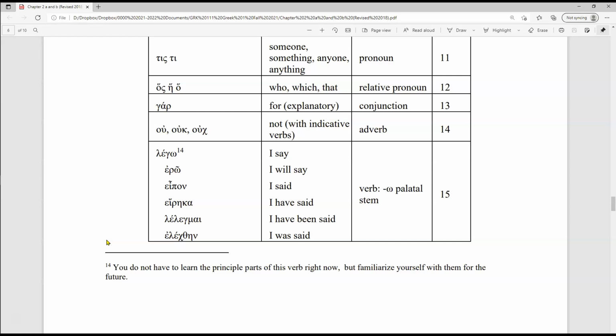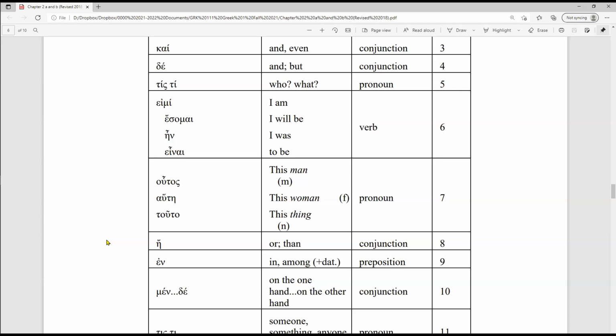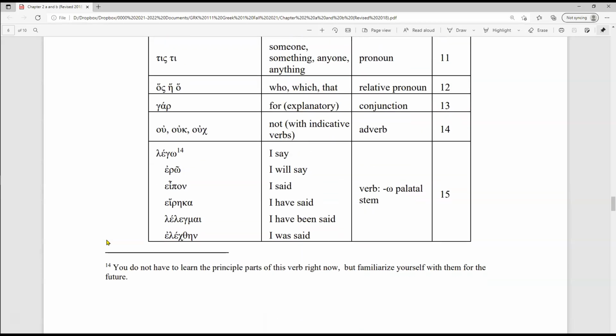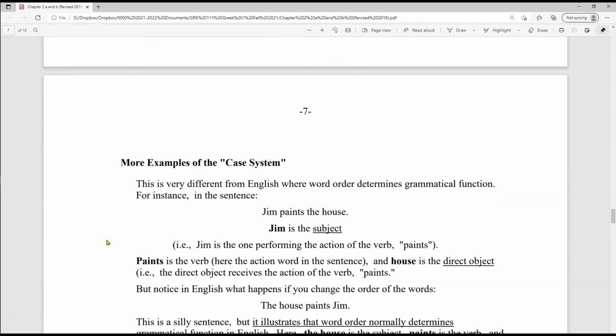Tis, tis, is someone or anyone. So we're going to see the chart for this later, but just know it means someone or anyone. I think it said something like the same thing a little bit, it also said who and what.